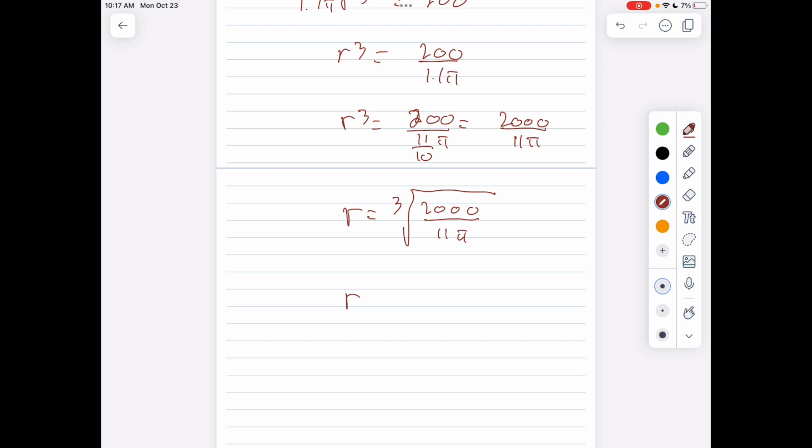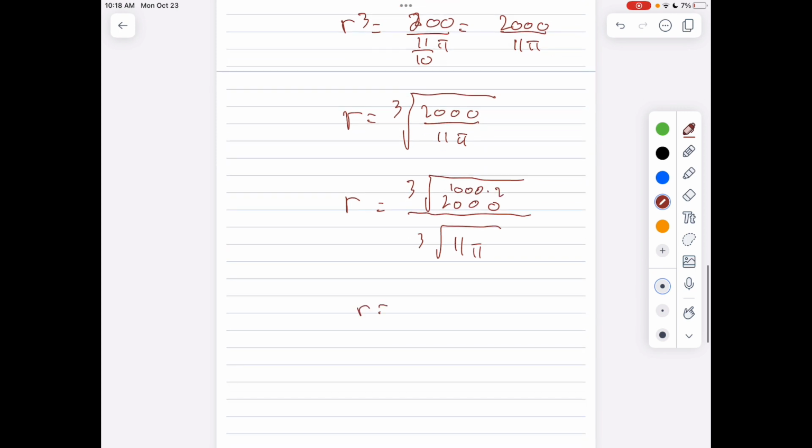If you want to simplify this a bit more, you can say the cube root of 2,000 times the cube root of 1 over 11 pi. 2,000 is like saying 1,000 times 2, and the cube root of 1,000 is 10, so you can pull that out. And we get this value of r, but how do I interpret this?